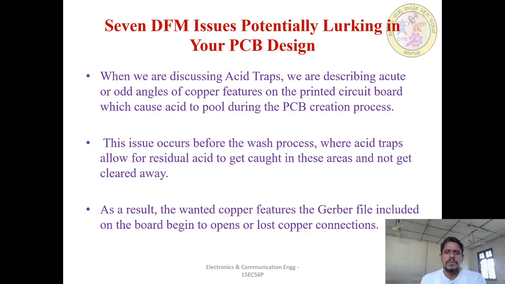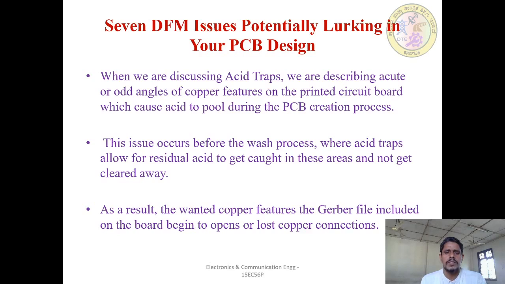It is a very small angle, and if a small angle is provided, the acid will go and fill it and it will try to erase the full track in that part. That is called an acid trap.